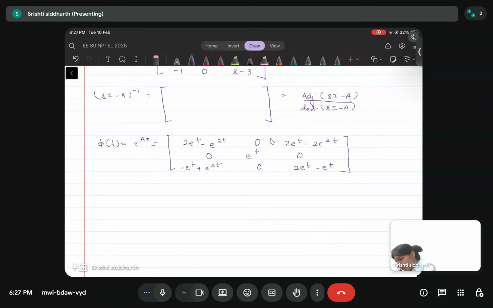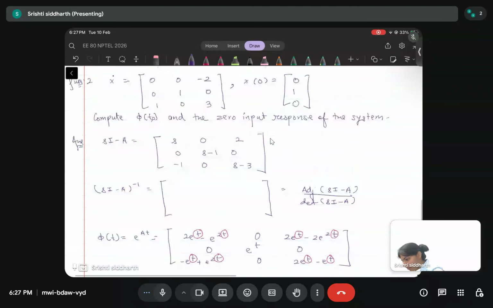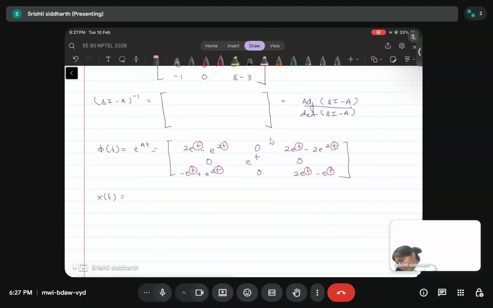So observe that we have positive parts of t. If we have the initial condition 0, 1, 0, this is equivalent to selecting the second column of e to the power t.